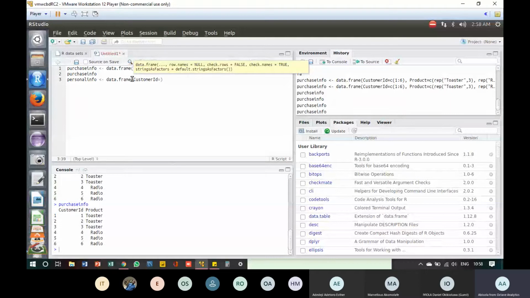equal to, who can tell me the function for creating a sequence of values and skipping it by, say, 2? You want to create a sequence of values and you want to skip it by maybe 2, 2, 2. What's the function used?